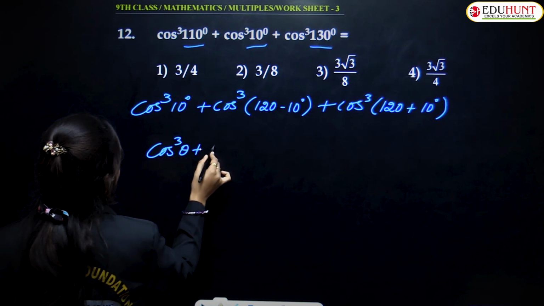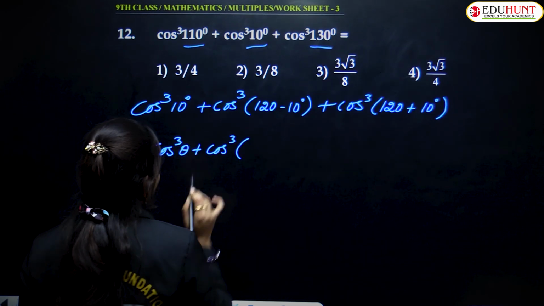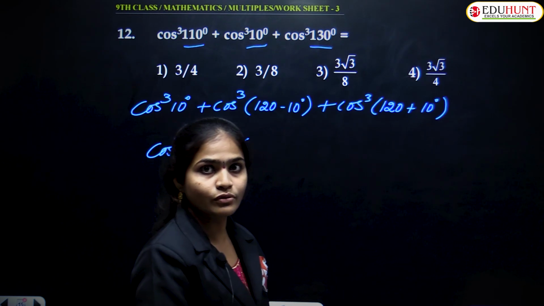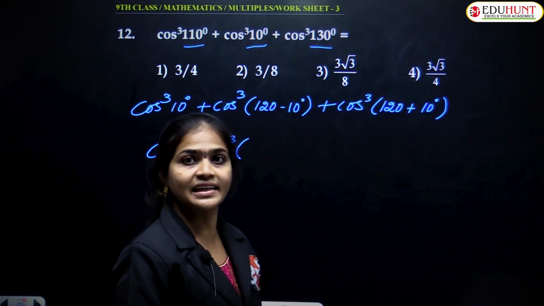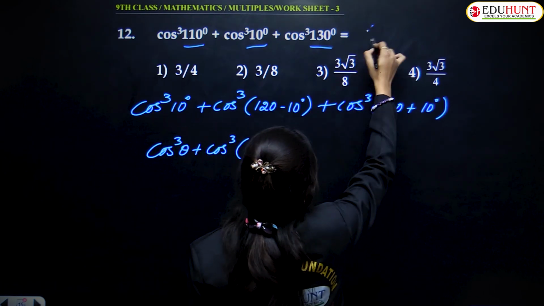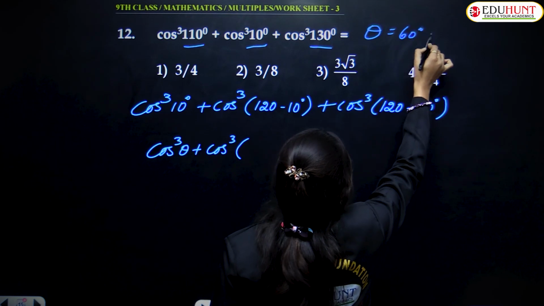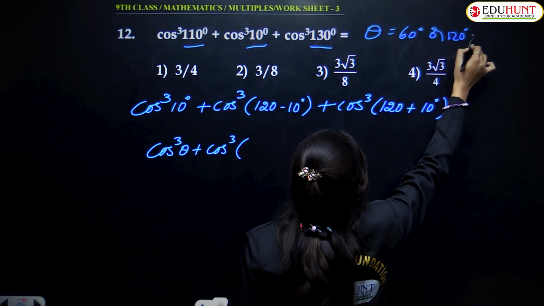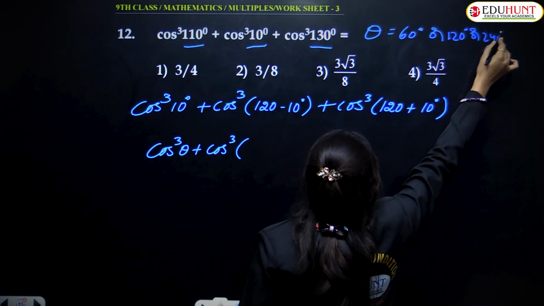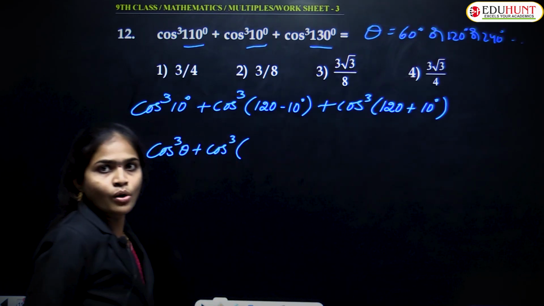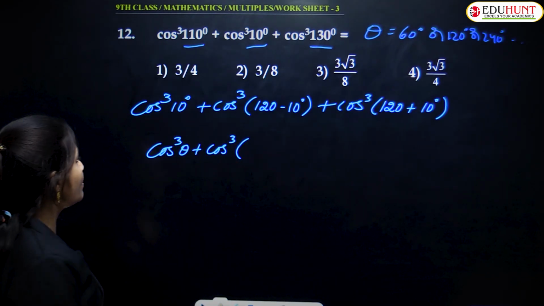Cos cube theta plus cos cube 60 plus theta, or 120 plus theta, or 240 plus theta, whatever it may be. In the beginning I told you that theta is equal to 60 or 120 or 240 or 300 and so on. Whatever it may be, the answer is the same here.